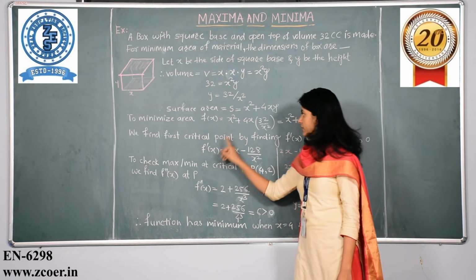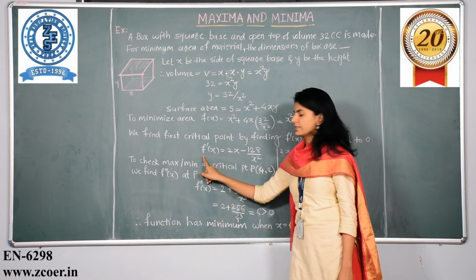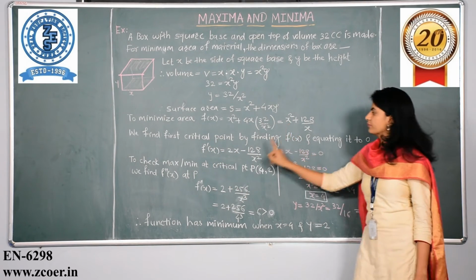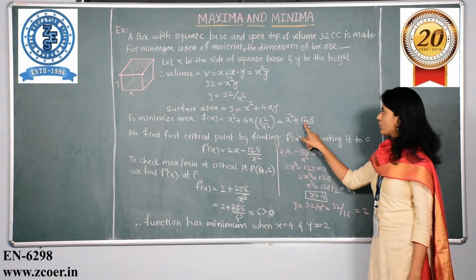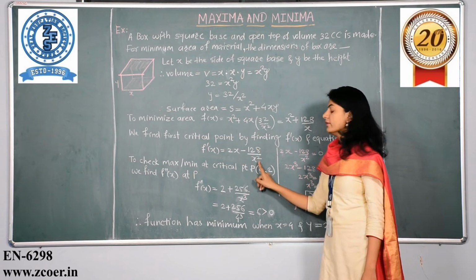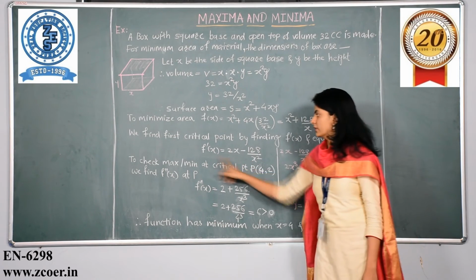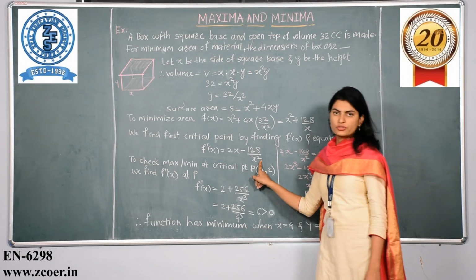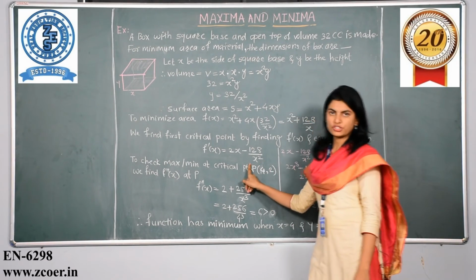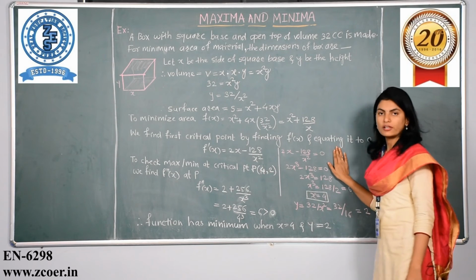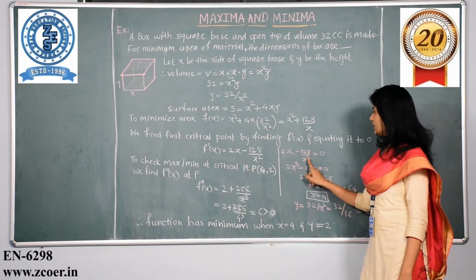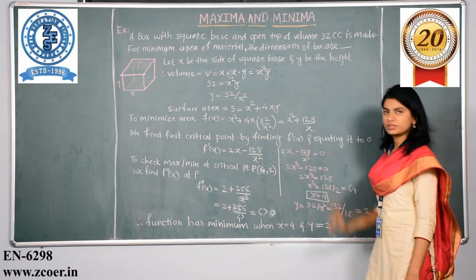The first derivative of the equation f of x, that is f dash of x, is equal to the derivative of x square, which is 2x, and the derivative of 128 by x, which is minus 128 by x square. So we have written here. Equating this equation to 0, we will get the value of x. This equation is 2x minus 128 divided by x square, which is equal to 0.